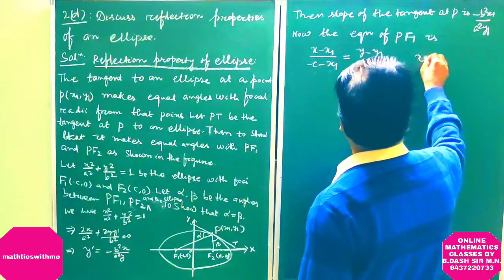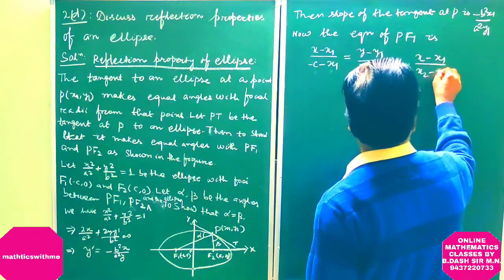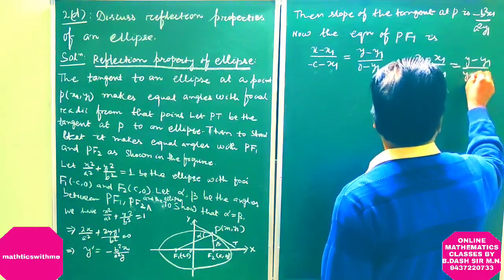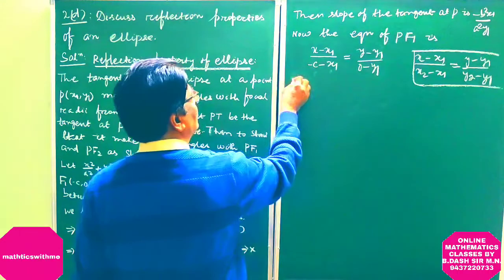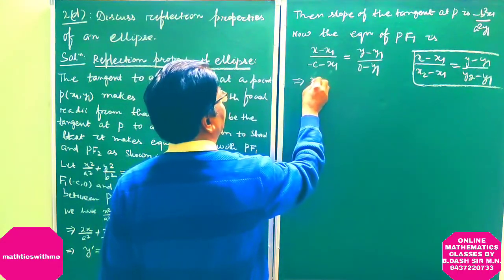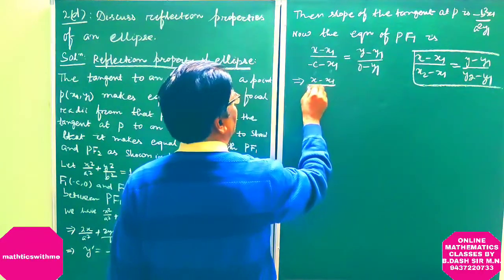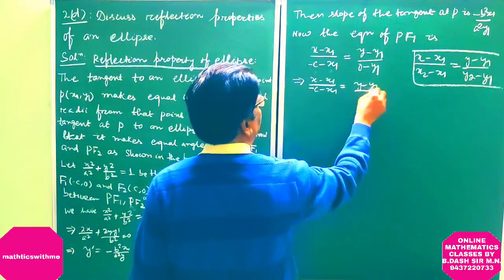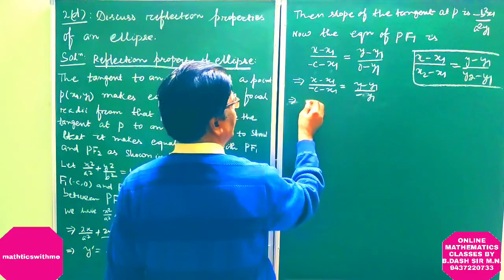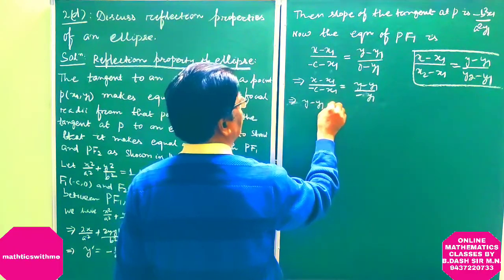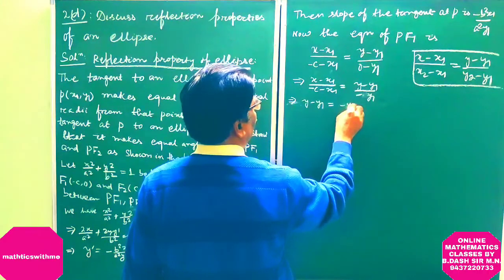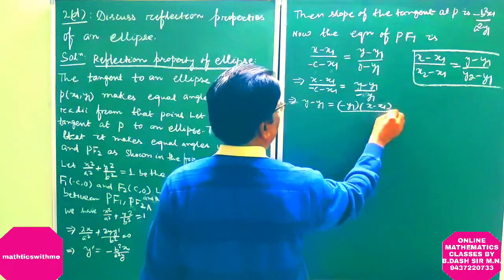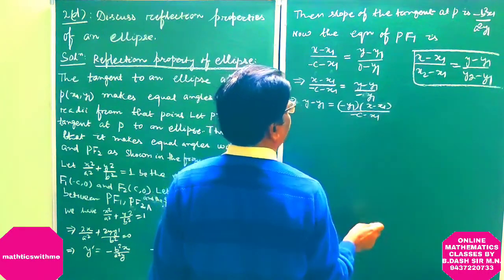So the two-point formula is (x − x1)/(x2 − x1) = (y − y1)/(y2 − y1). So this implies (x − x1)/(−c − x1) = (y − y1)/(−y1). Implies y − y1 = −y1(x − x1)/(−c − x1).